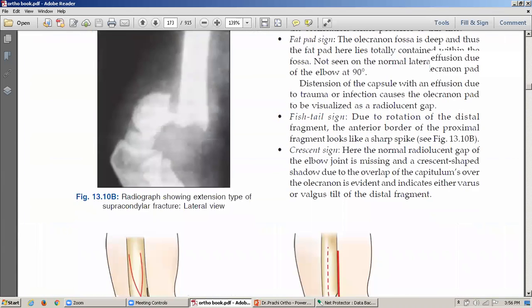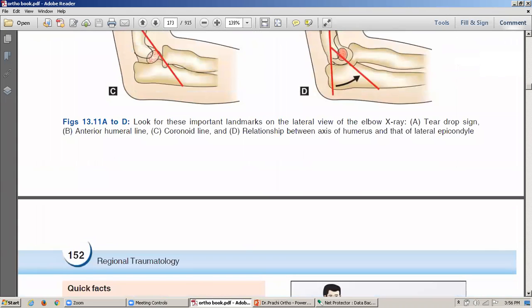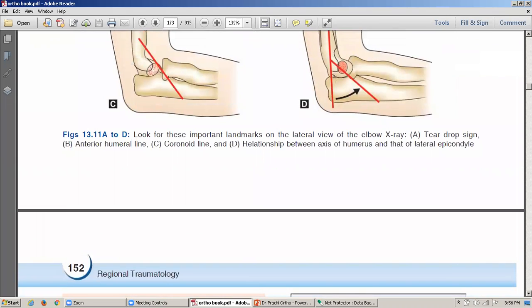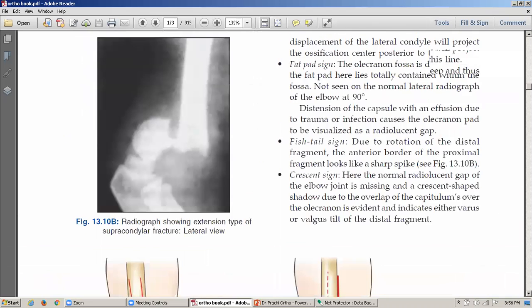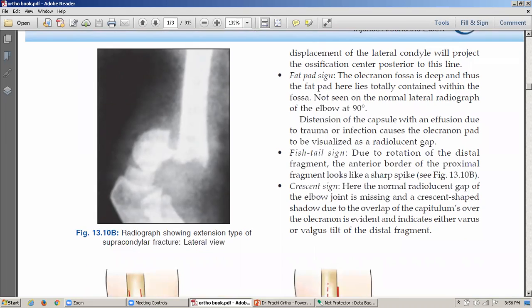And posterior displacement of the lateral condyle will project the ossification center posterior to this line. So this is a diagram of an X-ray which shows the extension type of supracondylar fracture, in lateral view.